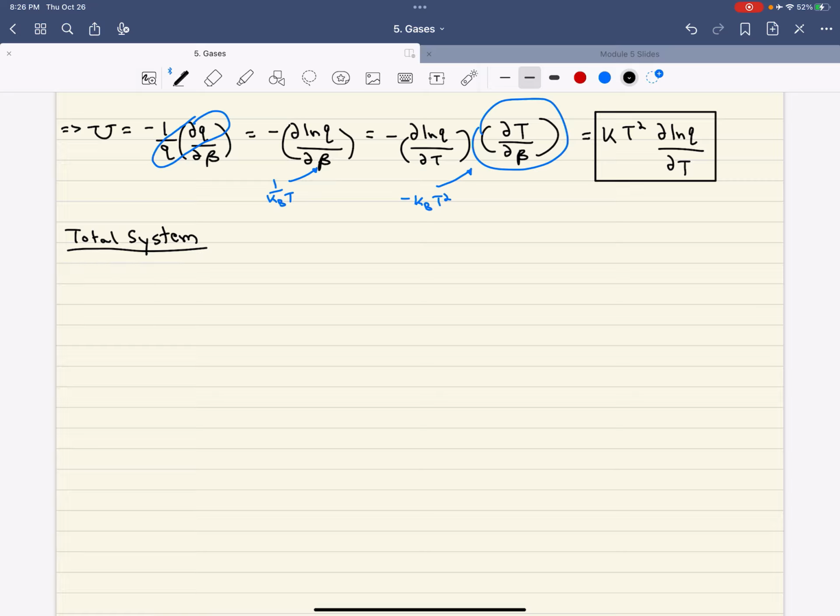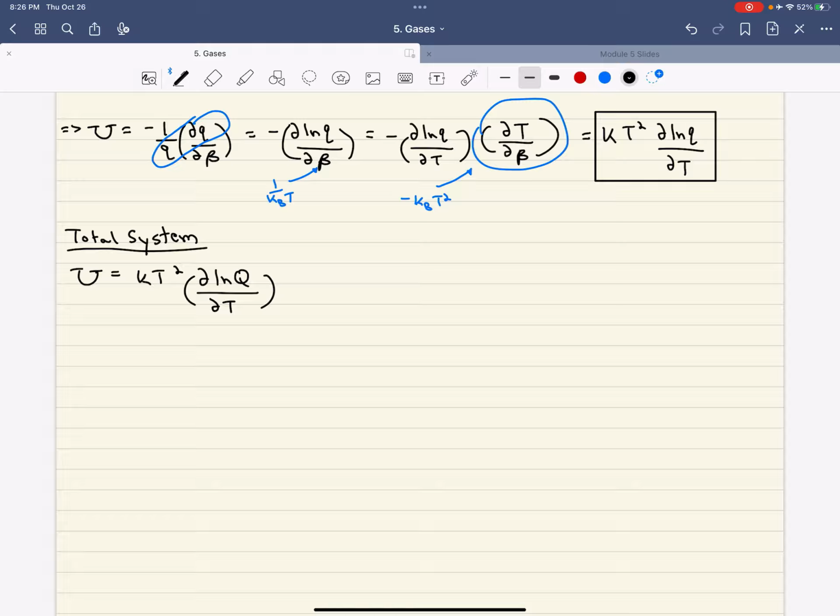Okay? So for the total system, in the end, we could go through a similar sort of derivation, and we'll get something that looks like this, except this time we're going to use the total system partition function, dT.